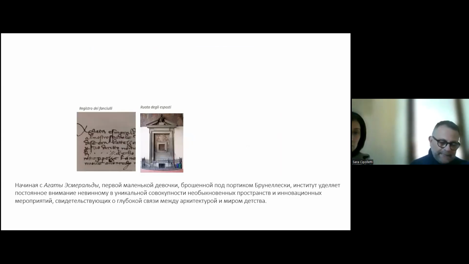From Agata Smeralda, the first little girl abandoned under Brunelleschi's portico, the Institute has paid constant attention to the innocent, in the unique totality of extraordinary space and innovative activities, testifying to the profound link between architecture and the world of childhood.